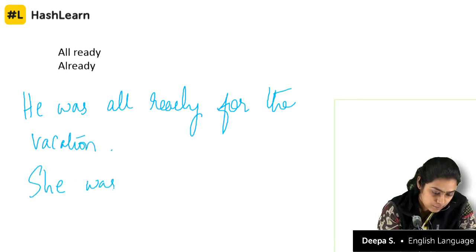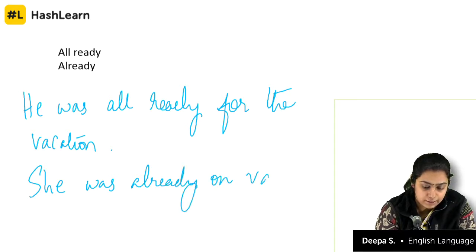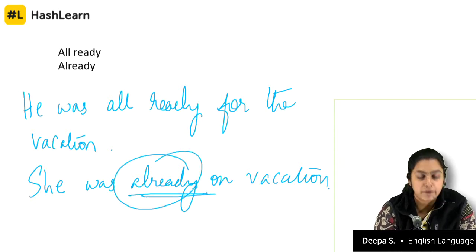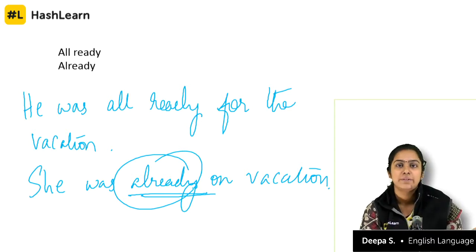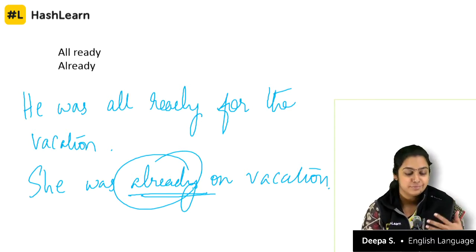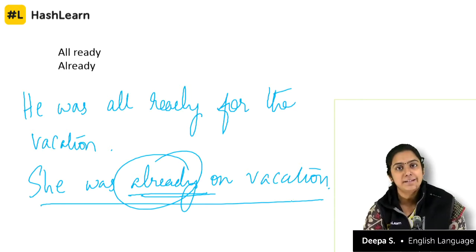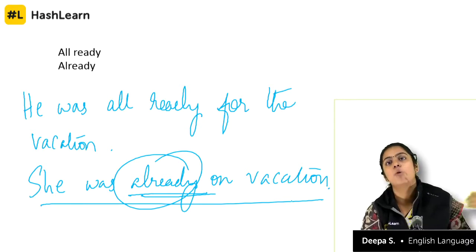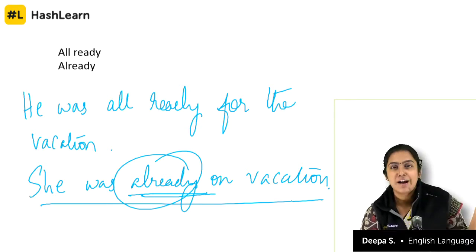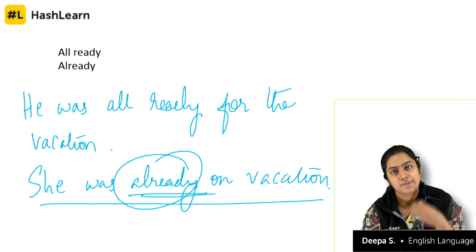She was already on vacation. When you use this already, it means it's already happened. It's over. When you mean she was already on vacation, it means that she's there. As we speak, she's there. It's over. Okay. So we can't bring her back to office. Okay. So that's the context that you give when you say already.